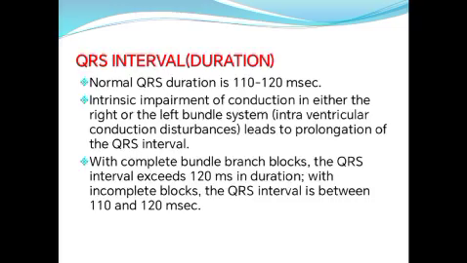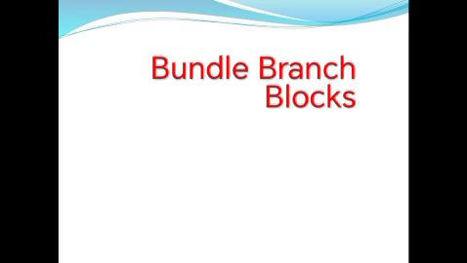The causes of prolonged QRS interval include left and right bundle branch block. So now we can talk about the bundle branch blocks, both right and left, and see how they look and how they prolong the QRS complex.